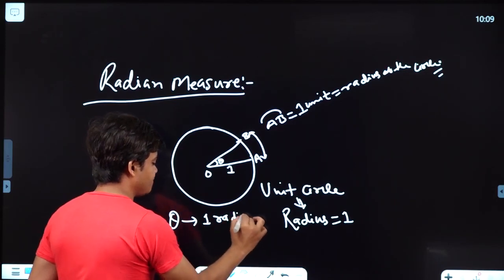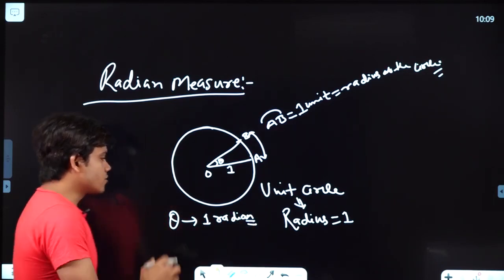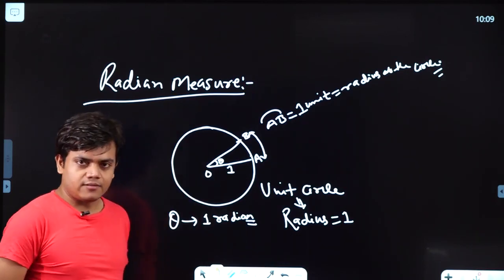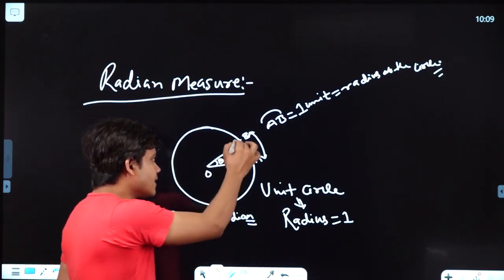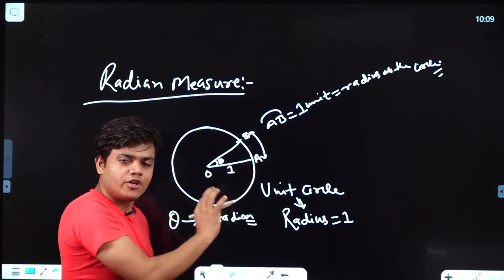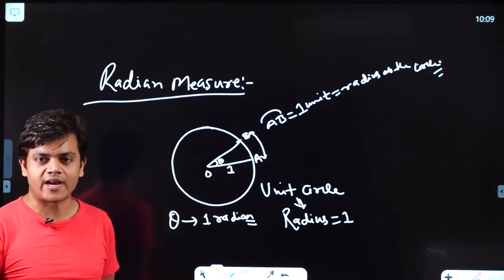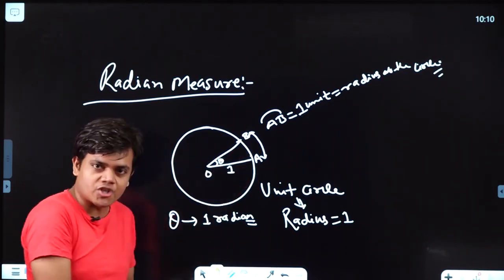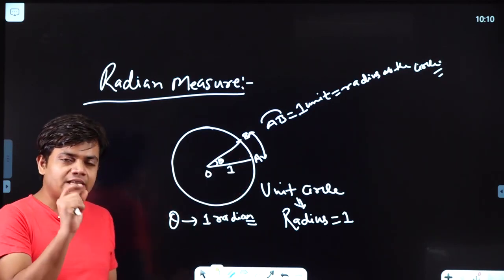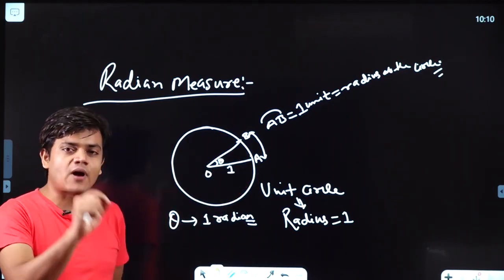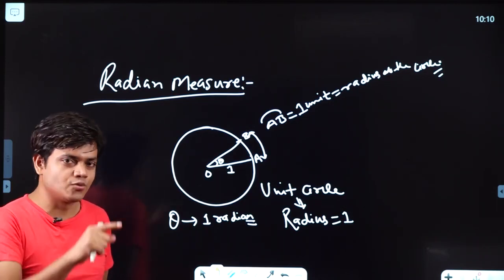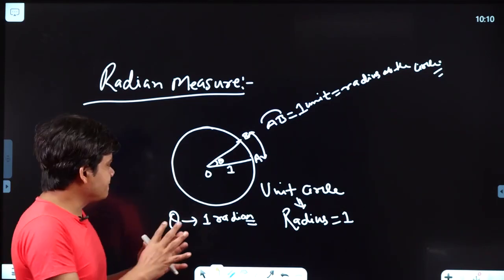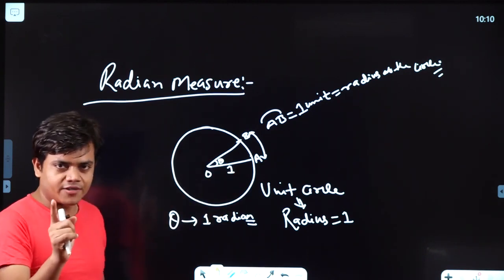Always remember, 1 radian is the angle made by the arc length equal to the radius. This is the final definition. In books you can see if you have a unit circle and you take a unit length of arc length, then you will get 1 radian.